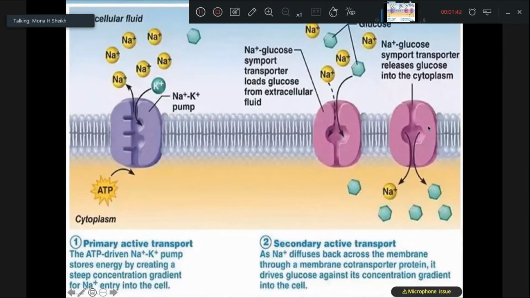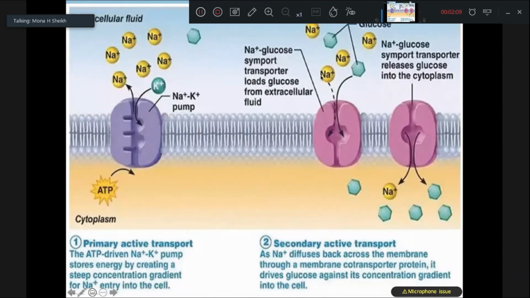Okay, this one, there's no ATP. Do you see ATP anywhere? No. But I'm depending on the presence of sodium, which is created by the ATPase pump. This is why I call it secondary active transport. So here, sodium is going in and this substance is going out, so they're going together, sorry. So this is co-transport, but we don't use ATP by this protein.